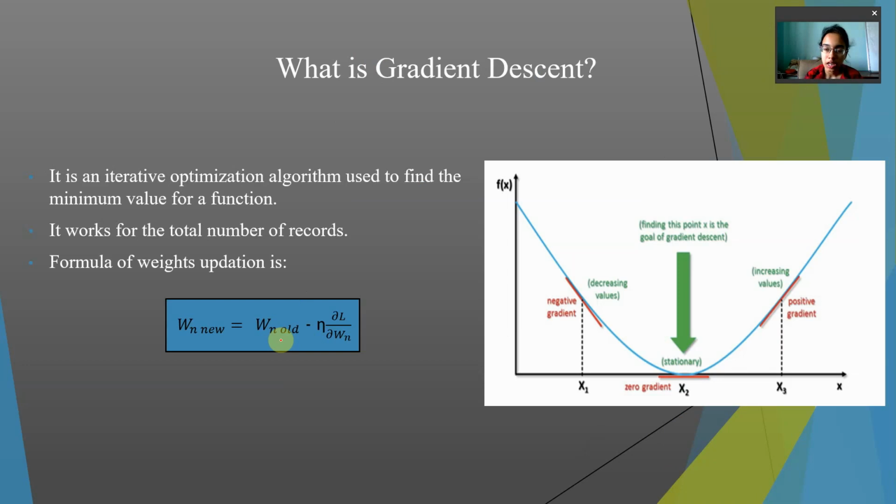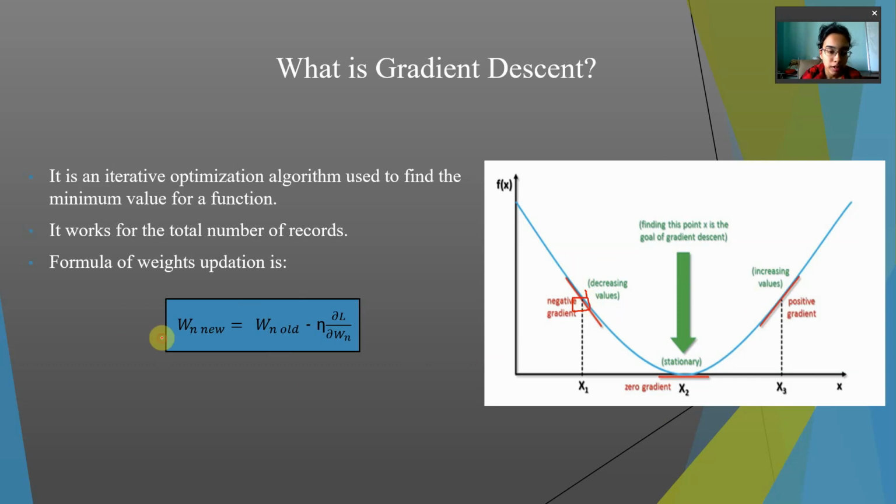Now in my previous lecture I have already told you that the main aim of the backpropagation algorithm is to reduce the loss function, right? All the inputs are initialized with some weights. So let us consider that our weight is initialized at this point, okay, and this is our weight updation formula.